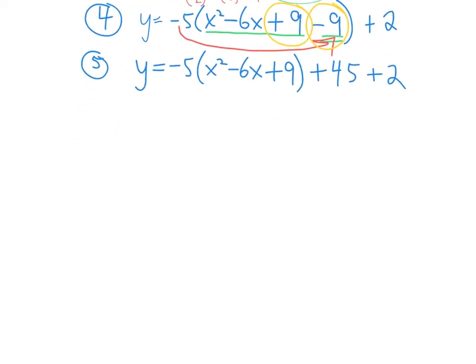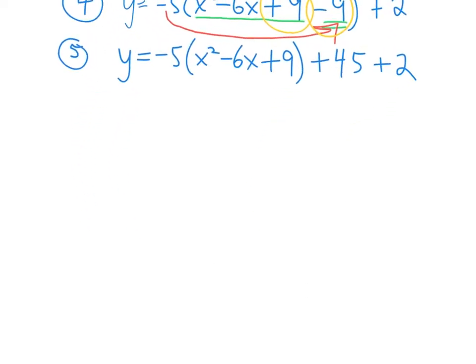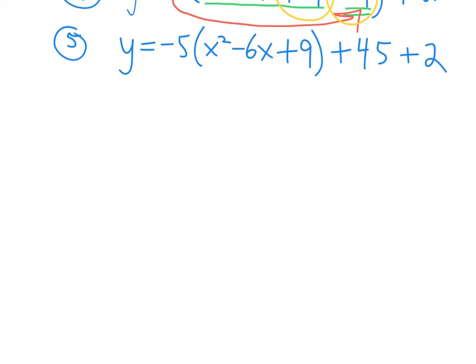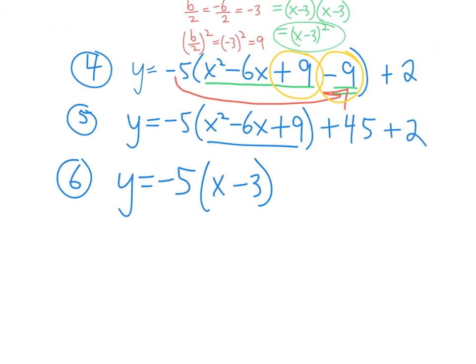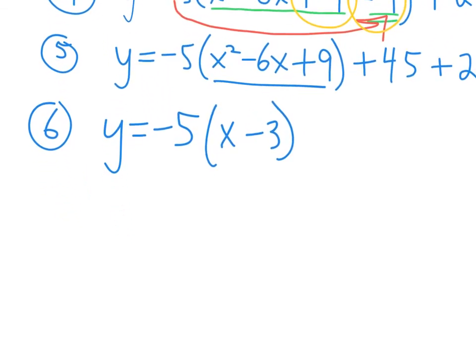So let's continue. In line 6, the negative 5 remains on the outside of the bracket. We can factor the inside of the bracket. It's a perfect square trinomial. The perfect root that we're going to use, the b divided by 2 value, is negative 3. And we previously noted that it becomes negative 3 squared.